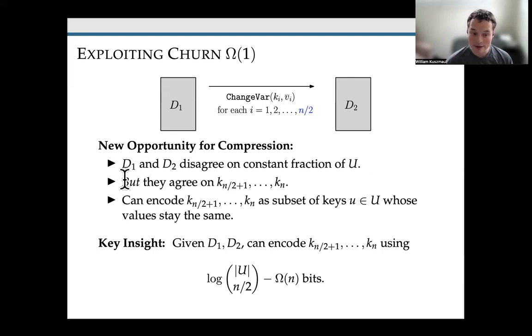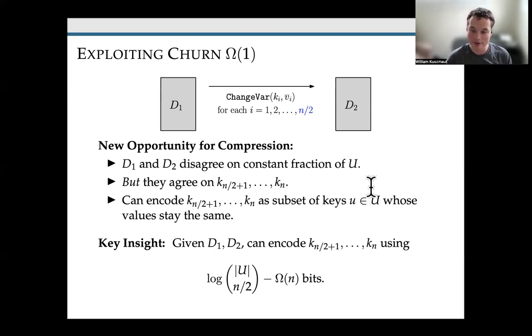But critically, one thing they do agree on is they agree on the values for the keys whose values we didn't change in our data set. So for the keys Kn over 2 plus 1 through Kn. And this means that for those keys, there's an opportunity to encode them, to compress them, by representing them not as a subset of the entire universe U, but just as a subset of the constant fraction smaller subuniverse consisting of the keys whose values didn't change.